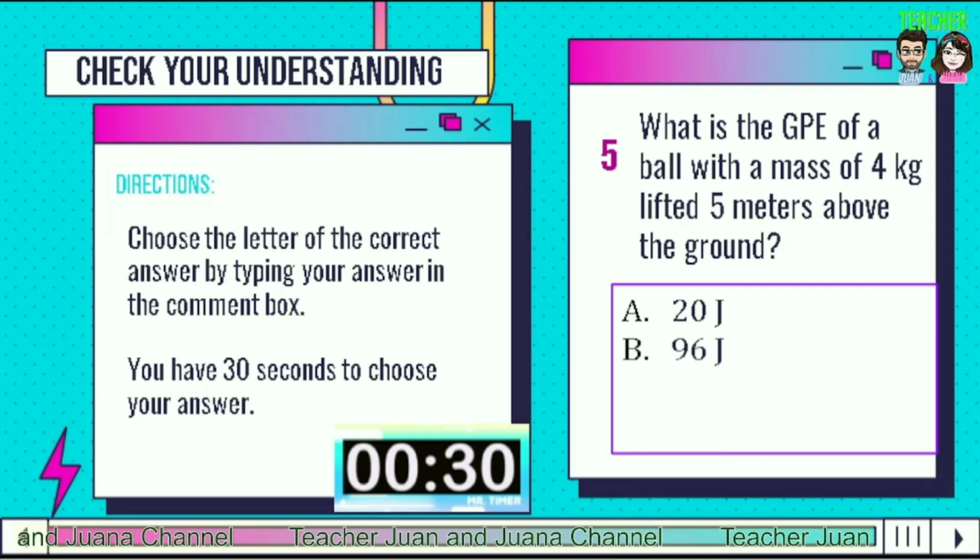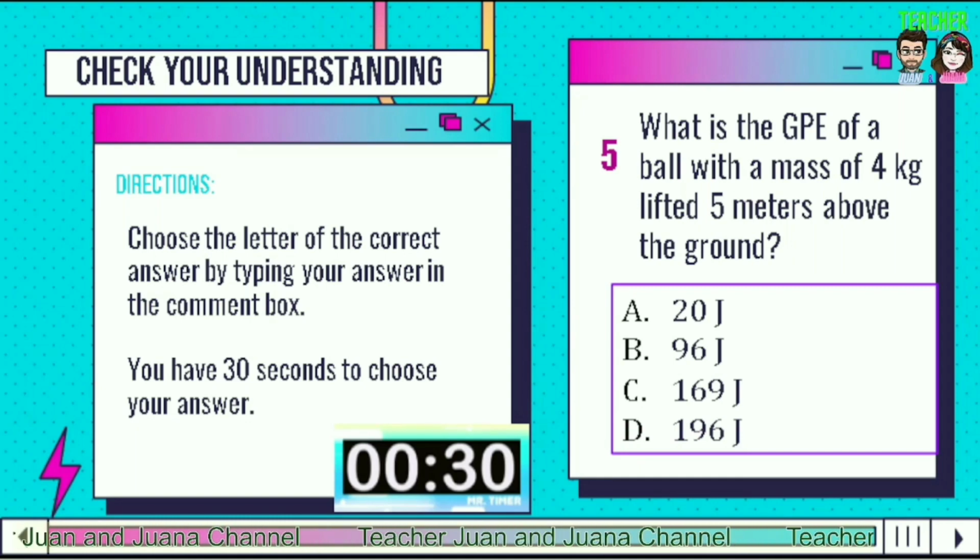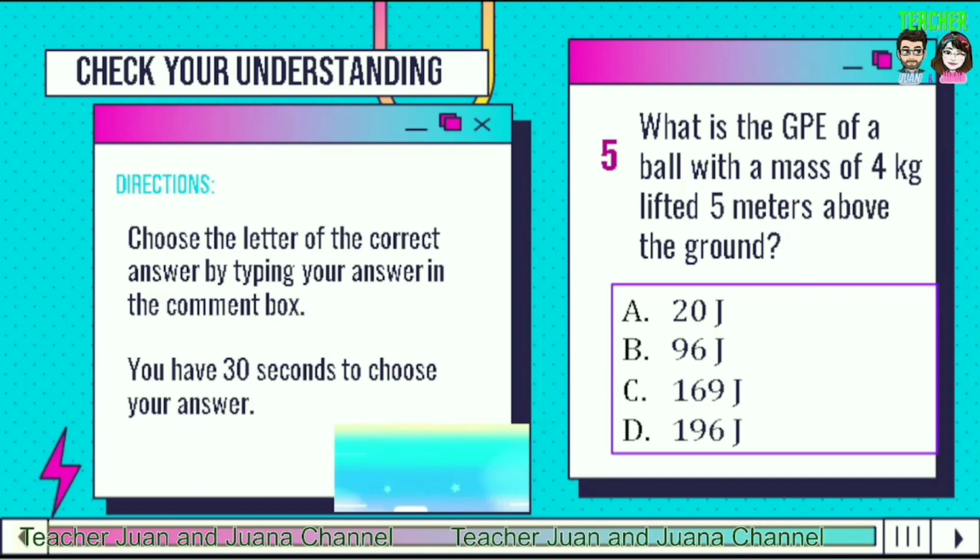A, 20 joules, B, 96 joules, C, 169 joules, or D, 196 joules. If your answer is D, 196 joules, you are correct.